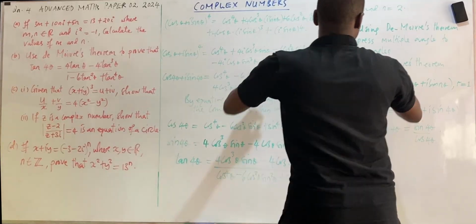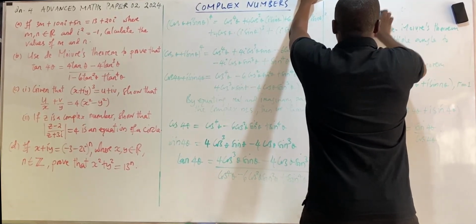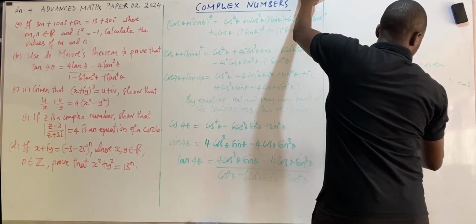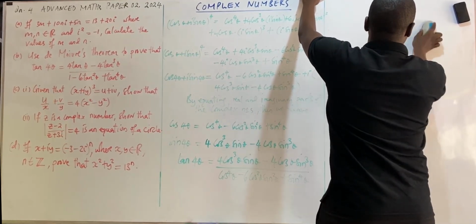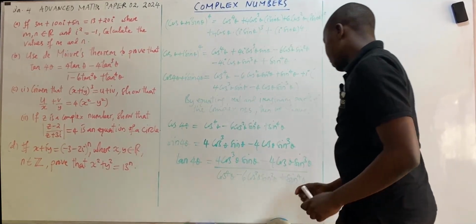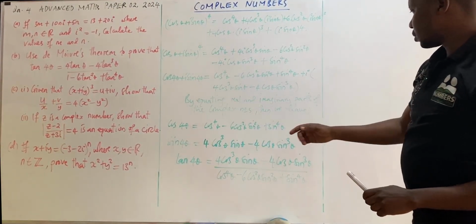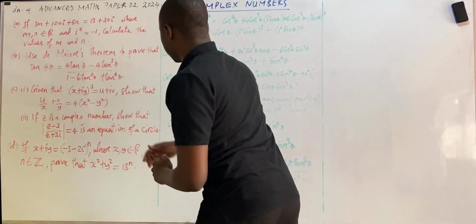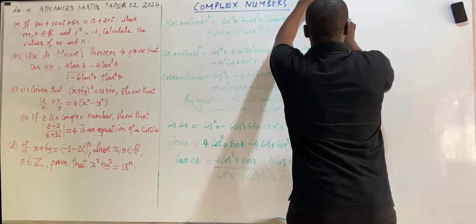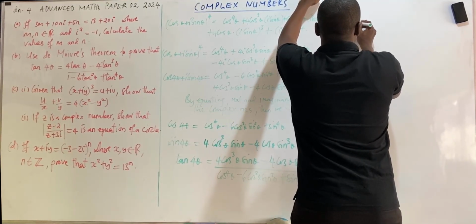So what to do now, let's see how we can proceed. It is too tedious, but you have to be very careful with this trigonometric expansion, but we'll just end up at the right answer. So now this tan of multiple angle 4 theta equals what?